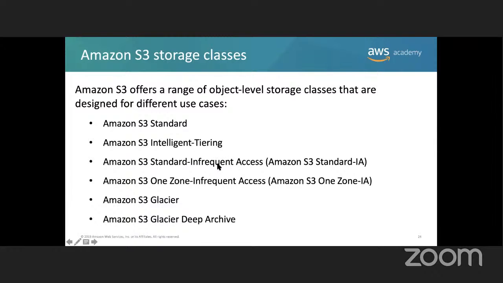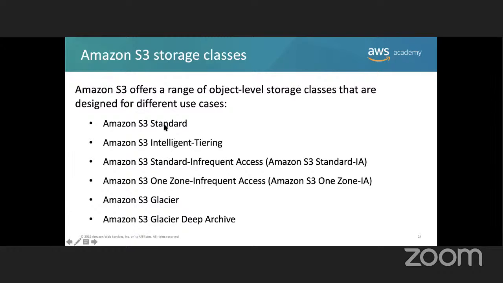If they are frequently accessed, it moves the objects to S3 Standard. So the difference between the first one and the third one is that the first is frequently accessed and the third is infrequently accessed. That's why it's called Amazon S3 Standard-IA, infrequent access.